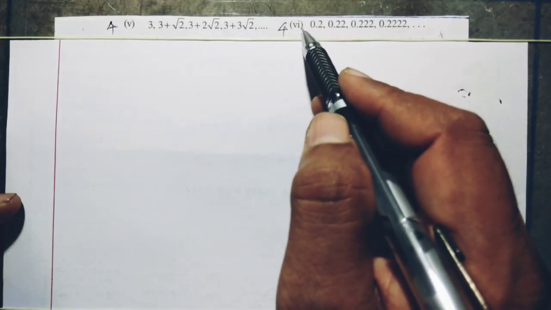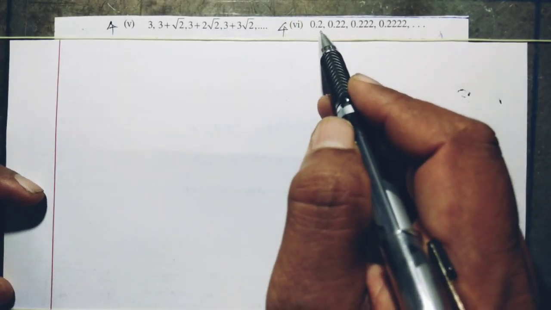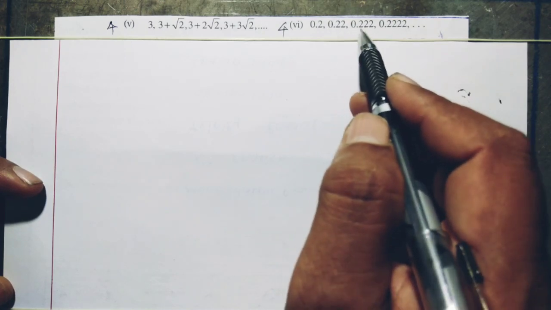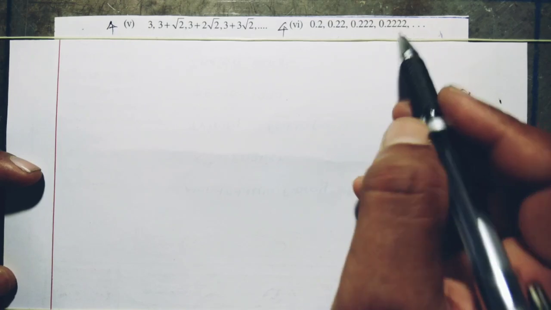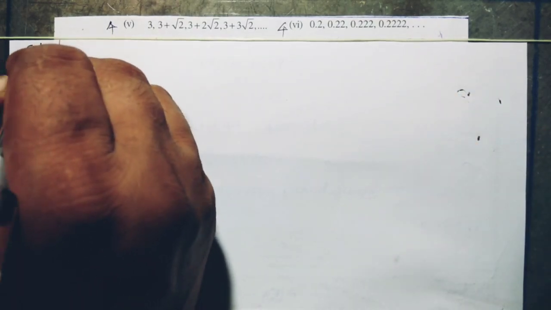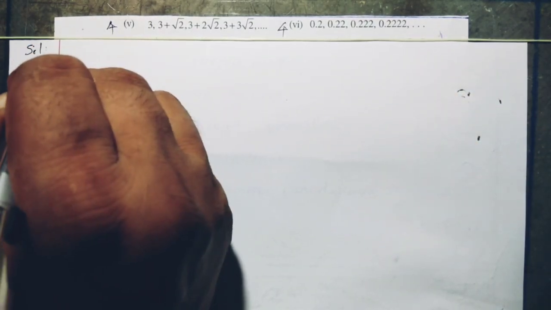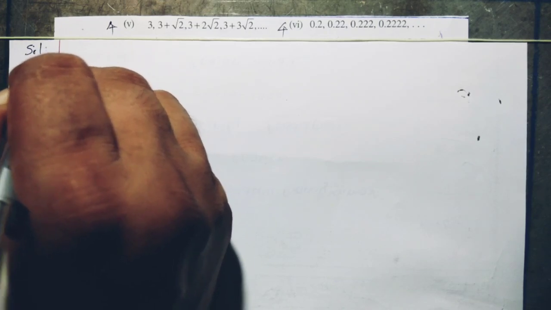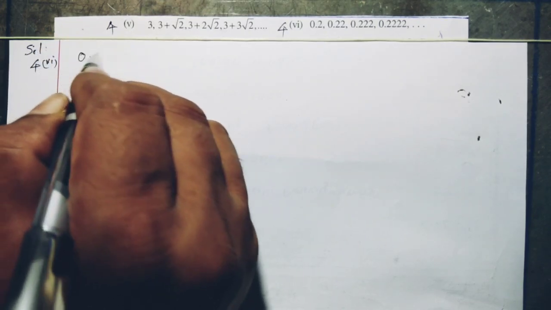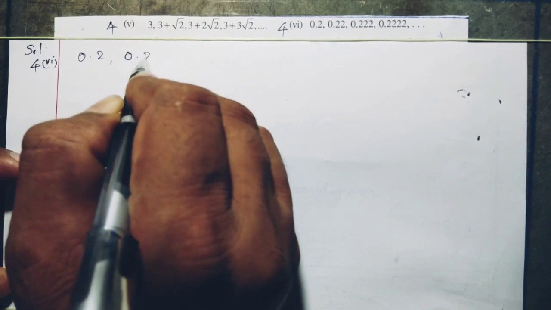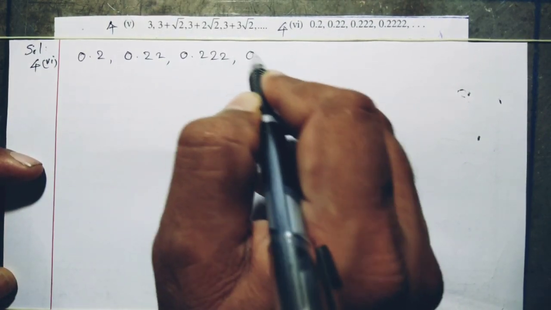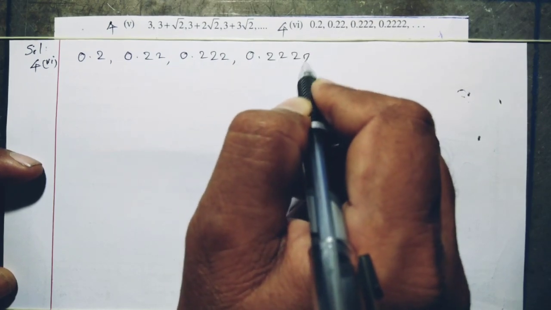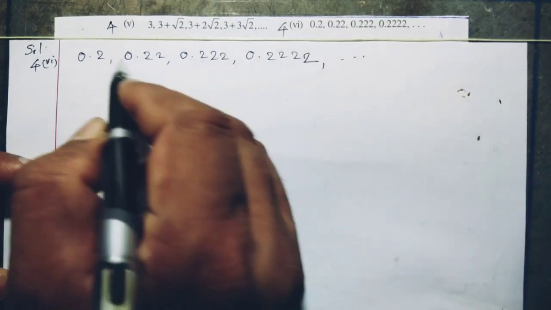Fourth bit, sixth problem: 0.2, 0.22, 0.222, 0.2222, and so on. Solution for fourth bit, sixth problem: given 0.2, 0.22, 0.222, 0.2222, and so on.